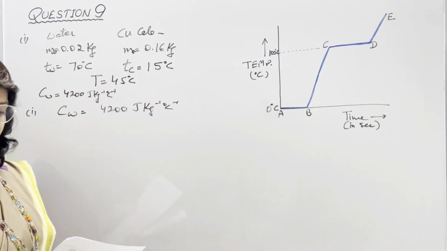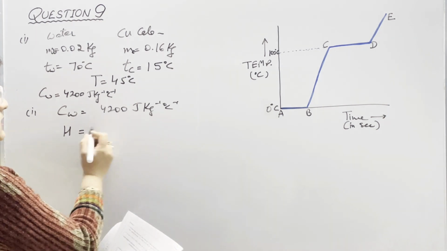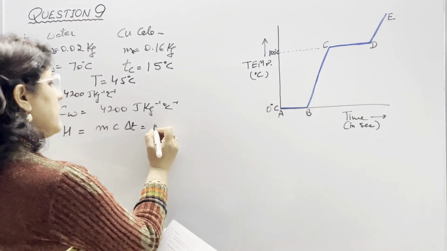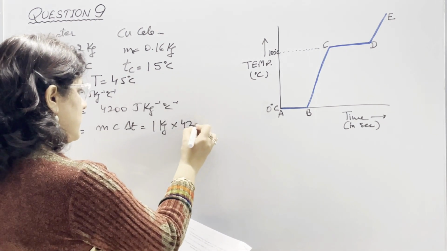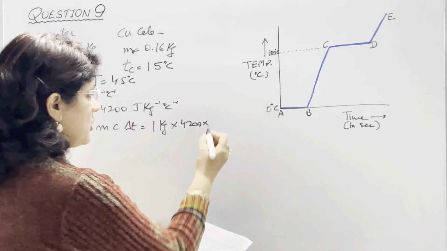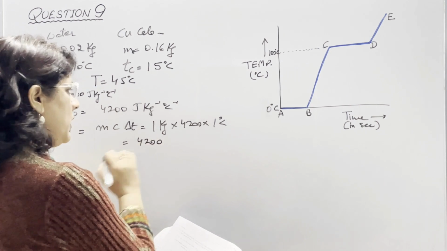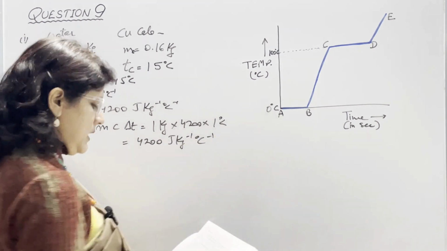We can show it this way also. Heat is equal to mc delta T, and m we have taken as 1 in this case. So 1 kg into C, which is 4200, and delta T is 1 degree Celsius. So the value again comes out to be 4200 joule per kg per degree Celsius.